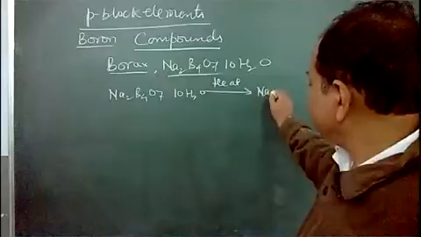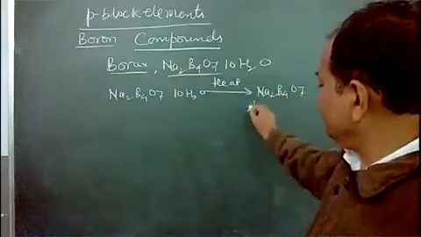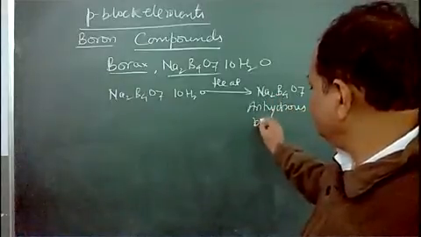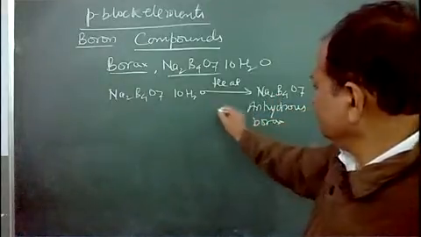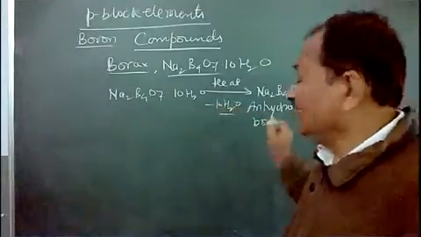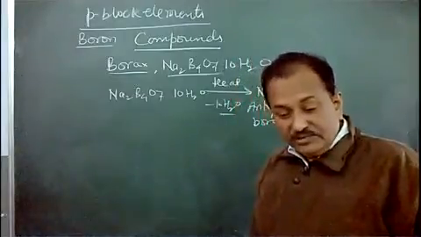And here there is Na2B4O7, which is anhydrous borax, after it loses 10H2O. Anhydrous means from where water molecules have been lost.